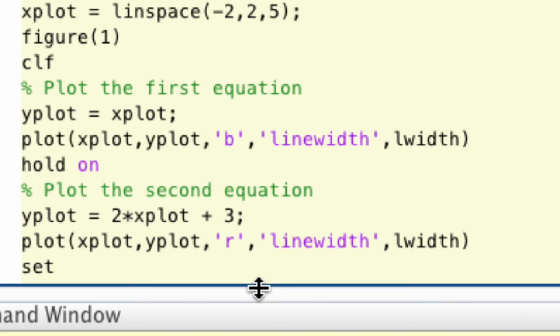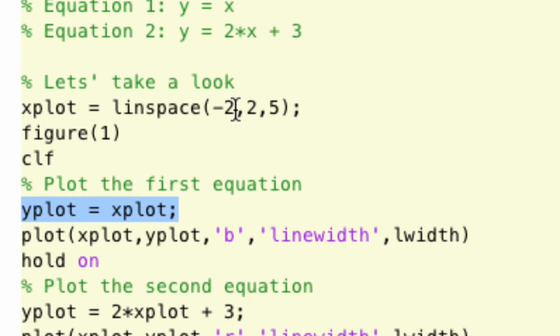Does it make more sense this way? Well, anyway, when plotting with the plot command, we have some x coordinates, and then we have the corresponding function values. Here we evaluate the function we want to plot.